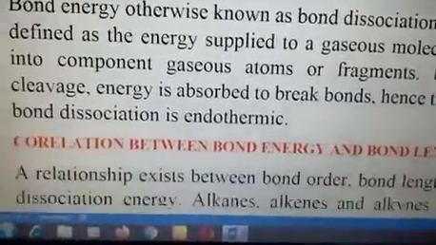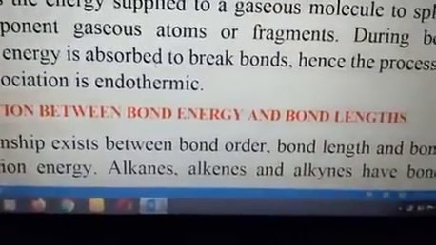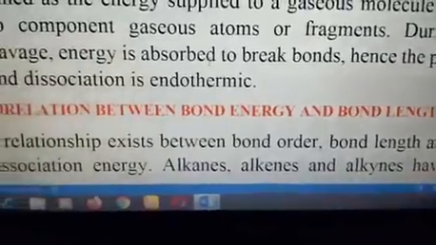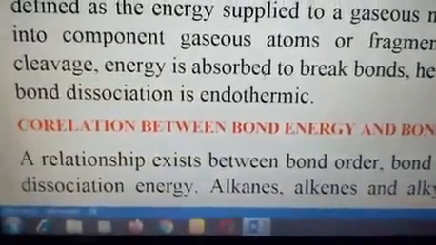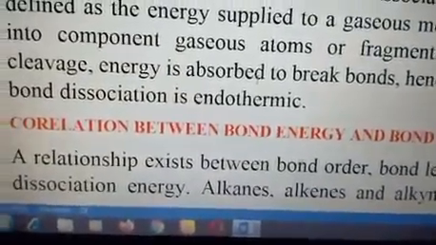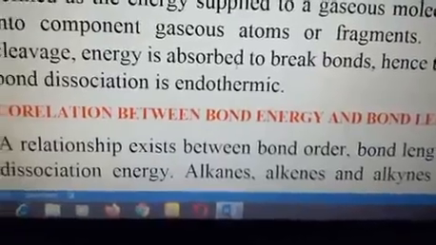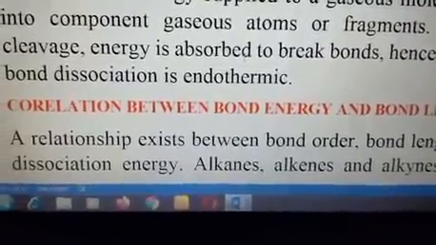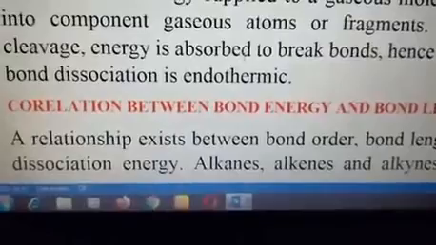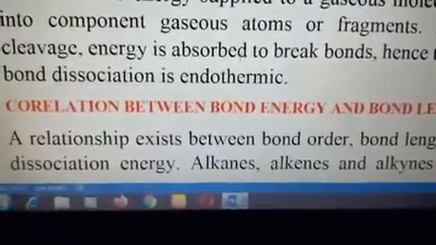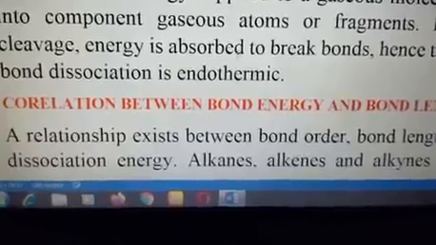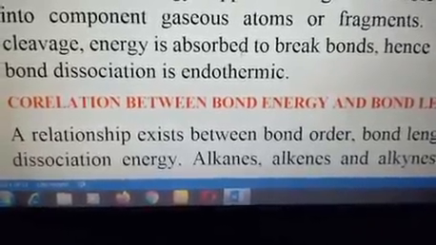So let's look at a correlation between bond energy and bond length. We know in chemistry we can have a single bond, double bond, and triple bond. Out of these three covalent bonds, the triple bond is shorter compared to the double bond, and the single bond has the longest bond length.